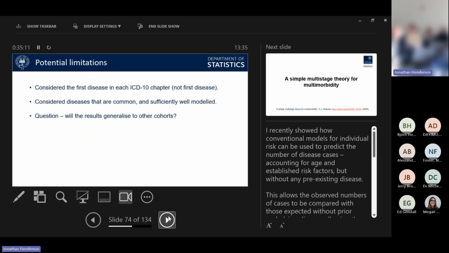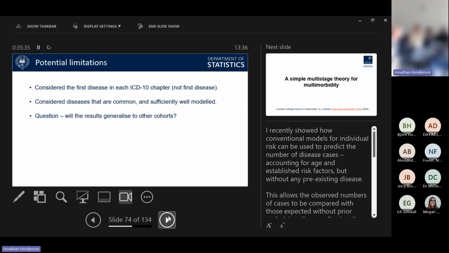Now, there are some limitations here. The study considered the first disease in each ICD-10 chapter, say the first disease in cardiovascular diseases, or the first disease in cancers, etc., not the first disease in an individual. So that's quite a weakness. I needed to do that to ensure there were enough cases in the study for a meaningful analysis.